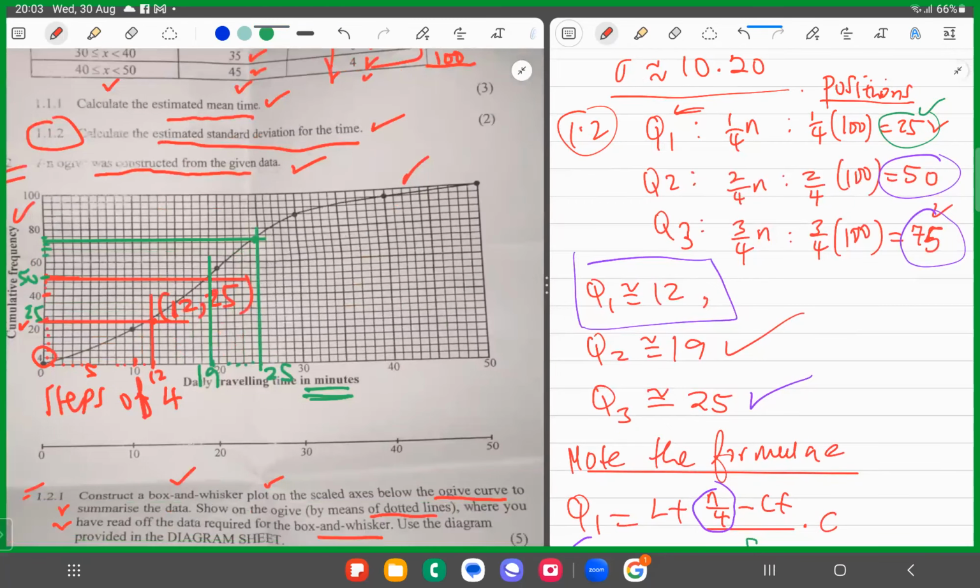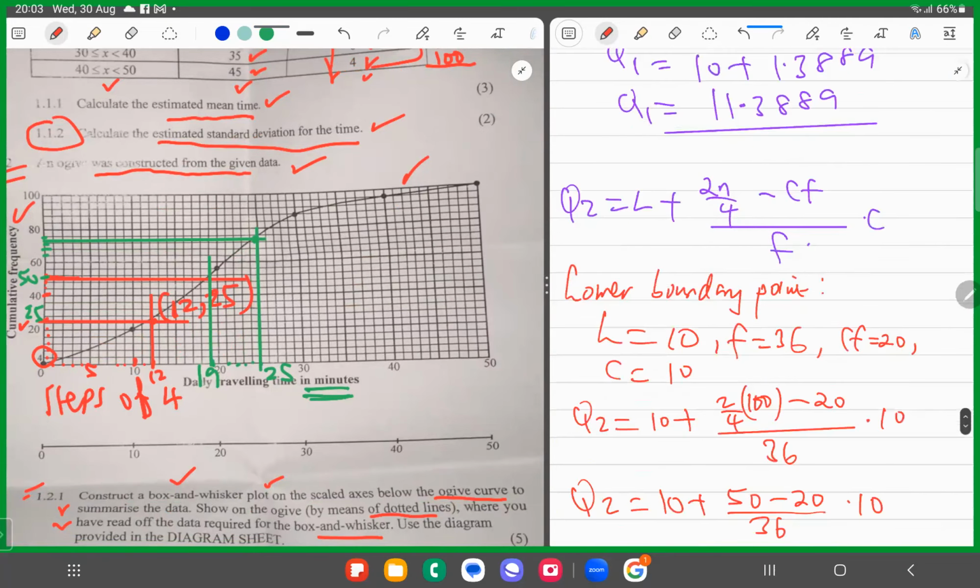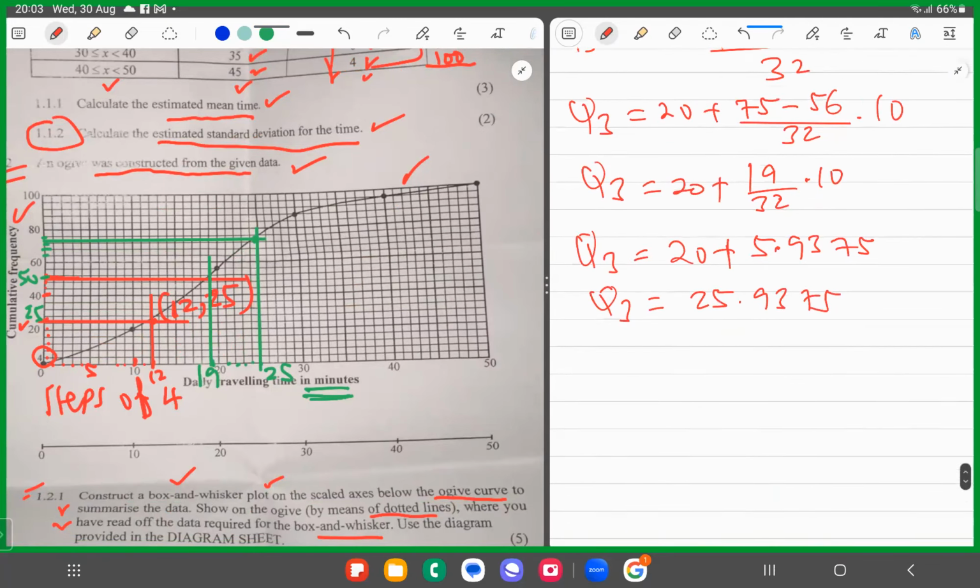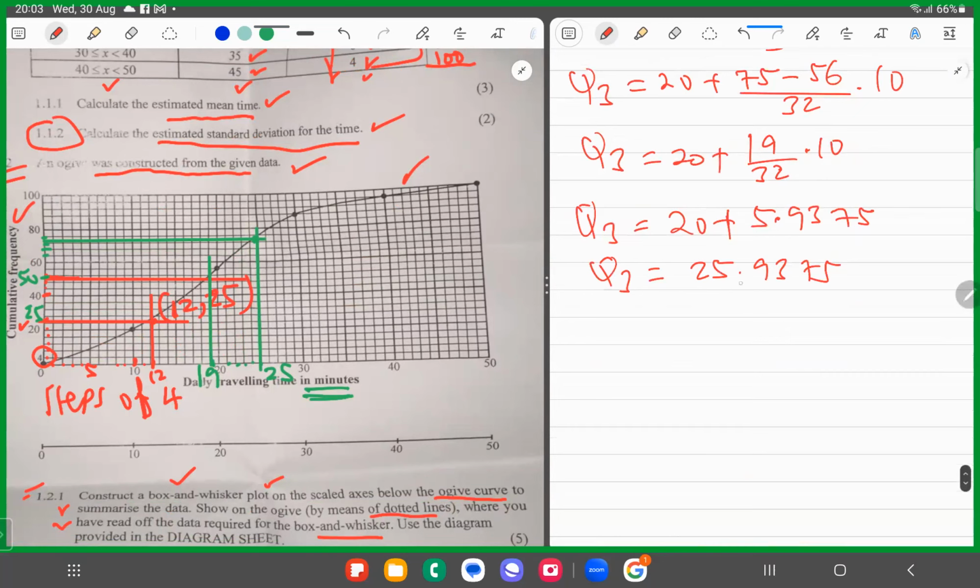We estimated it about to be at a position 75, but 25. So Q3 was about 25, and here is a more accurate value. We can get the accurate calculations. Okay, 25.93 will be a more accurate value of Q3. Okay, so we have that.